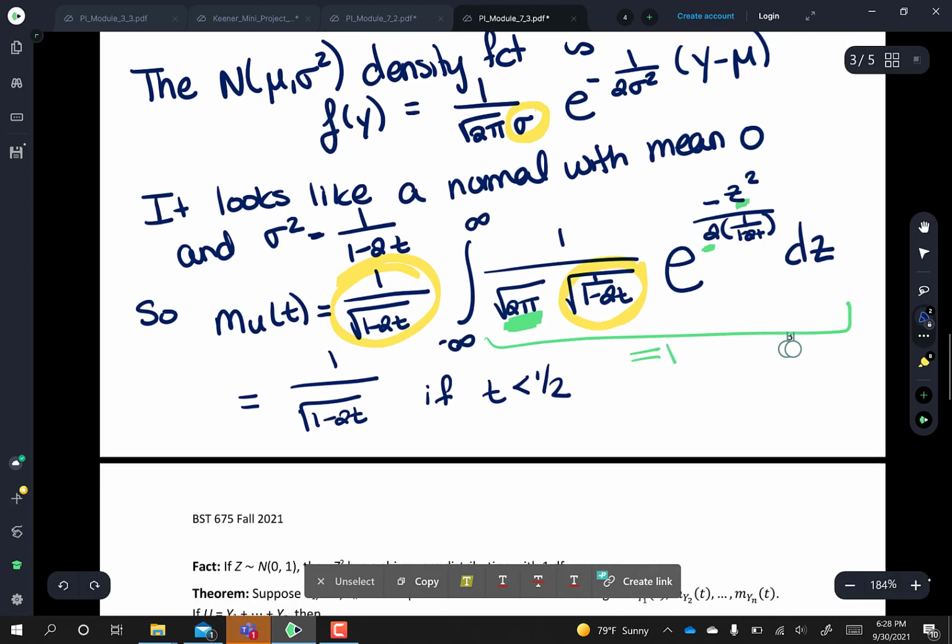And if you look at your list of moment generating functions, you should find that this is the moment generating function of a random variable with a chi-squared distribution with 1 degree of freedom, which is exactly what we wanted to show.